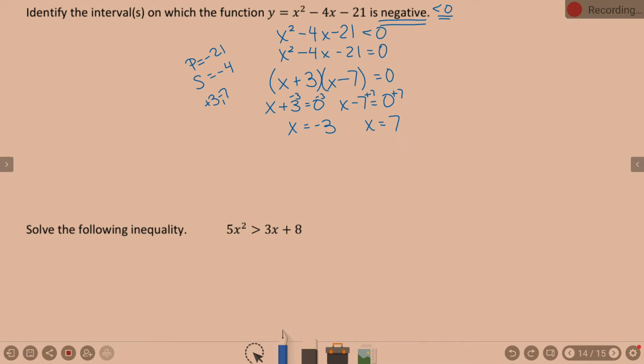I really should have scooted that farther over left so I have more room to work over here, but I'll make it work. Set up your number line. Bless you. What numbers are going on my number line? -3 and 7. All I care about is -3 has to be first, 7 has to be second, correct?